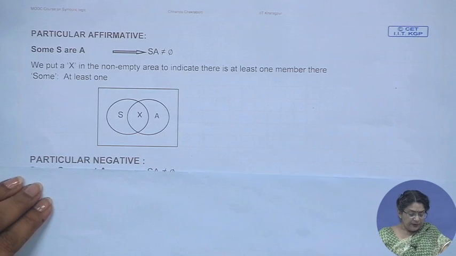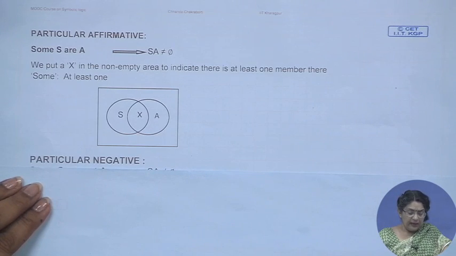Now, here comes the particular negative, and I will remind you the O proposition speaks about some S are not A's. Can you try the Venn diagram of that on your own? Remember to draw the UD. Remember to place the two overlapping circles within.